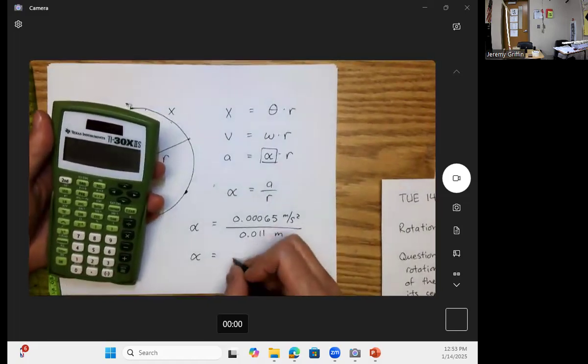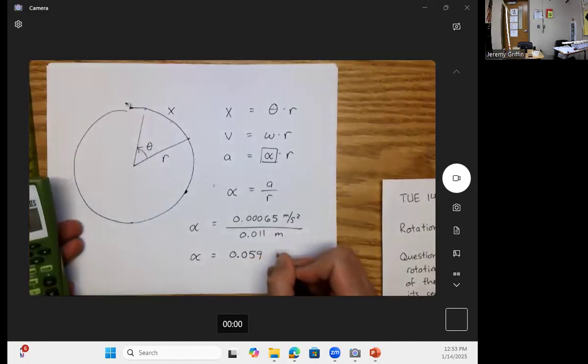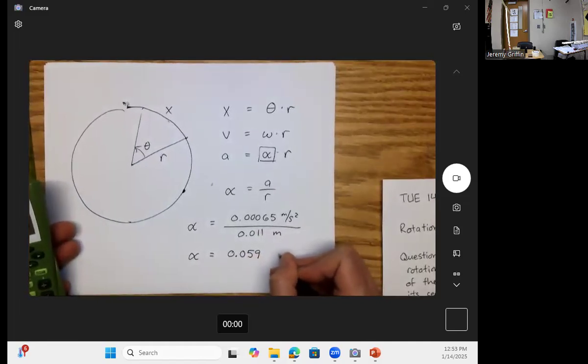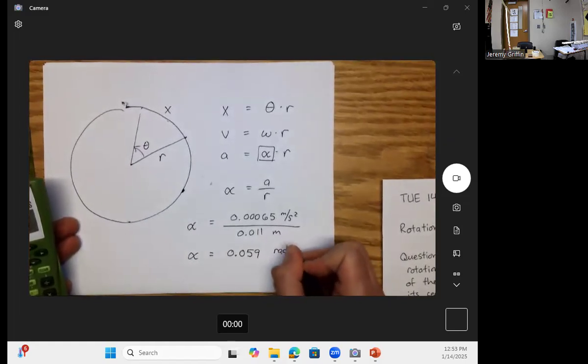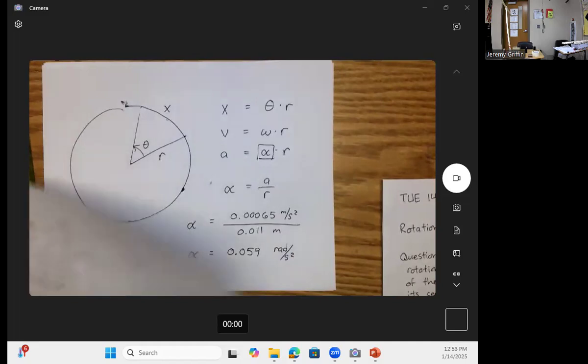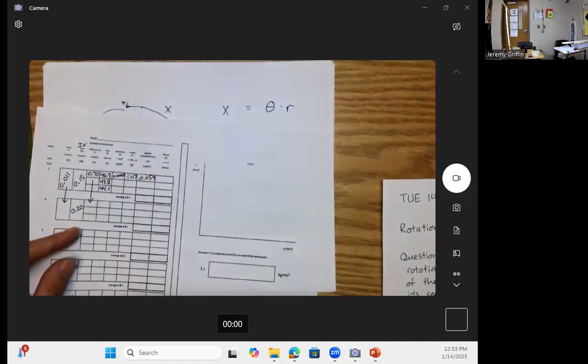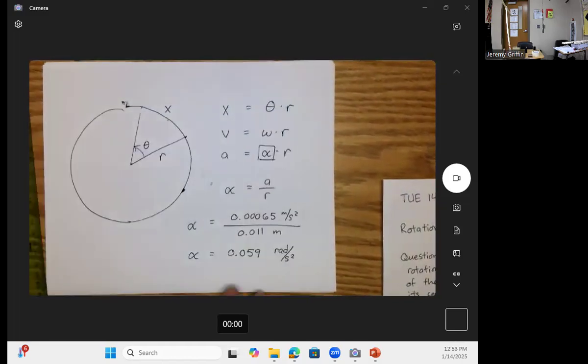All right, and that is 0.059. What's the unit right here? Radians per second squared. Exactly. So that's going to go right here, 0.059 radians per second squared. You see that?